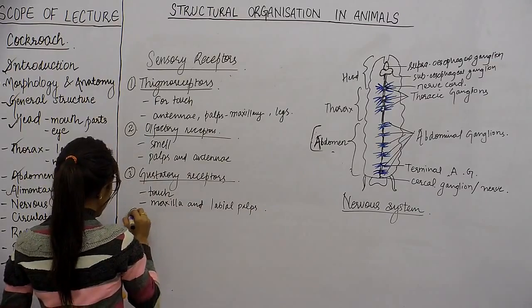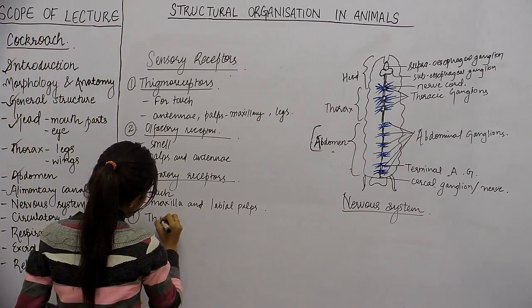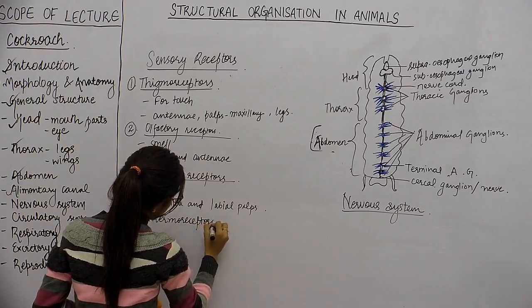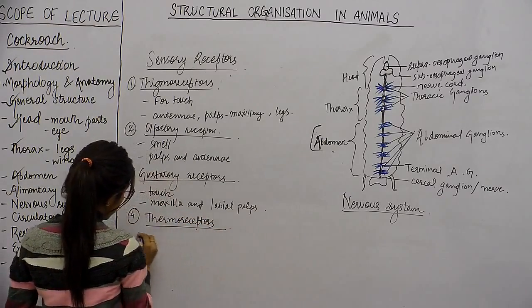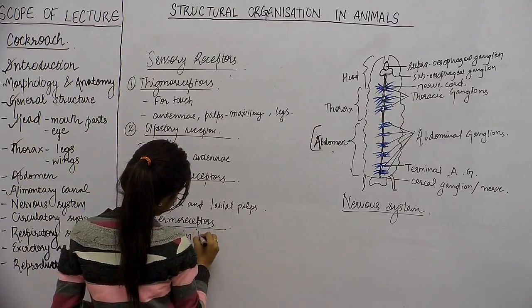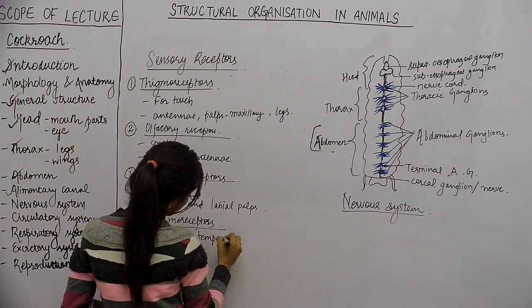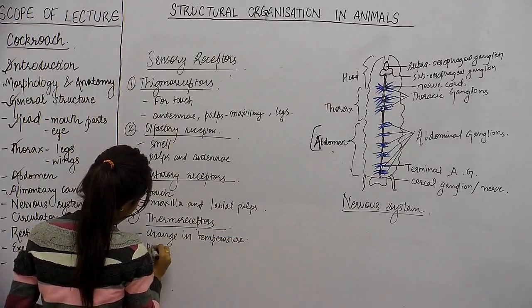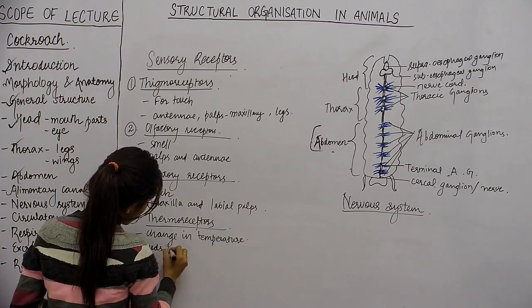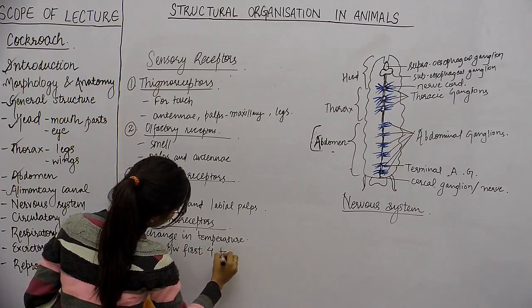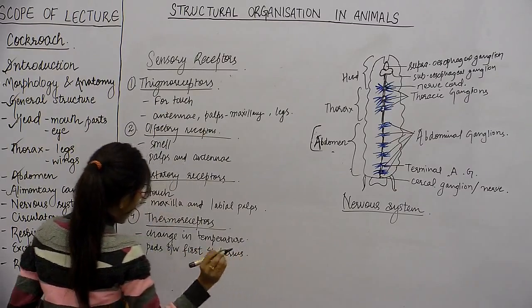Number 4 are the thermoreceptors. Thermoreceptors are for change in temperature. And they are present in pads between first 4 tarsus, that is in the legs.